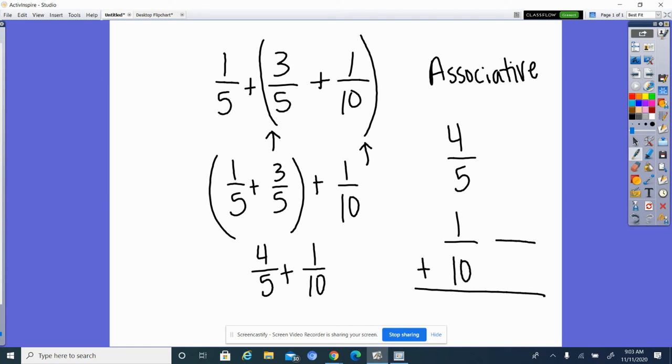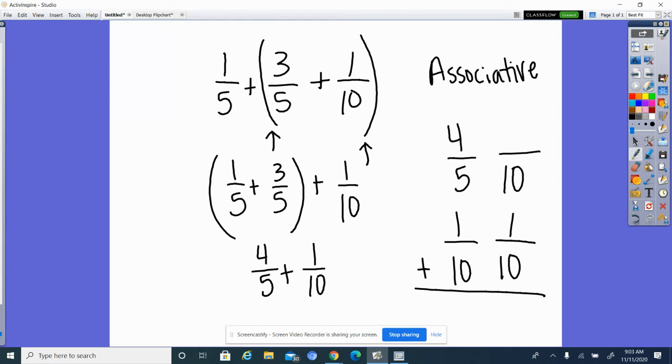Okay, find a common denominator. What's our first question we ask? Brady? Okay, can 10 be divided by 5? Yes. The answer yes, so then our common denominator is what? 10. Good.